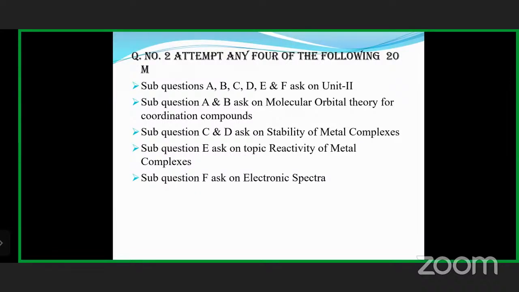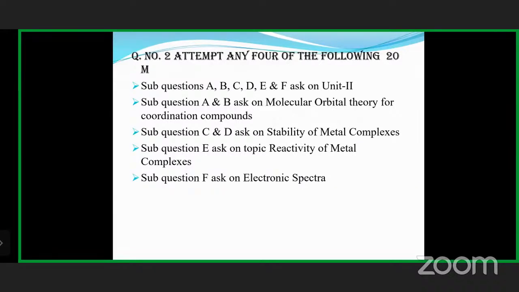Sub-questions A and B, the first 2, are asked on molecular orbital theory for coordination compounds. Sub-questions C and D are asked on stability of metal complexes. Sub-question E is asked on reactivity of metal complexes, and sub-question F on electronic spectrum. So this is the division of sub-questions for unit second.